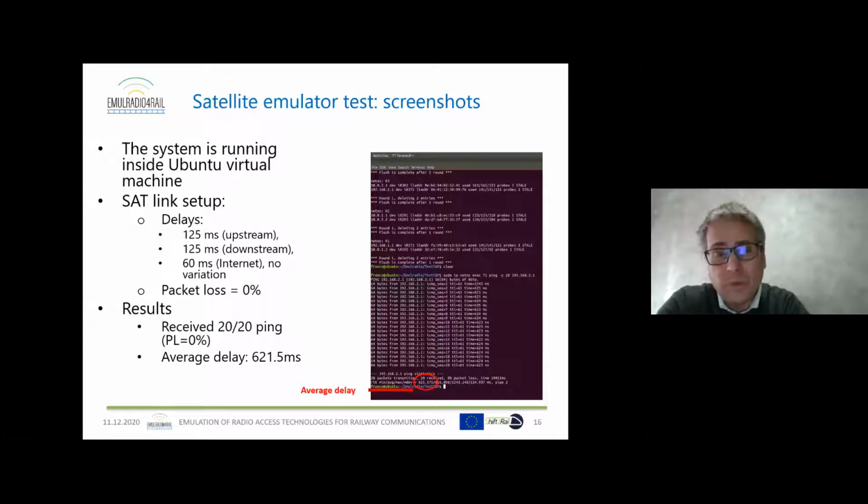In this way, we received, of course, all the ping attempts we performed with an average delay of this value, 621.5 milliseconds, derived by the sum of the single delays here for each stage. So this is the proof that our emulator, of course without IP impairments, without other disturbances of the traffic, is able to respect internally the delays we set between the single virtual nodes.